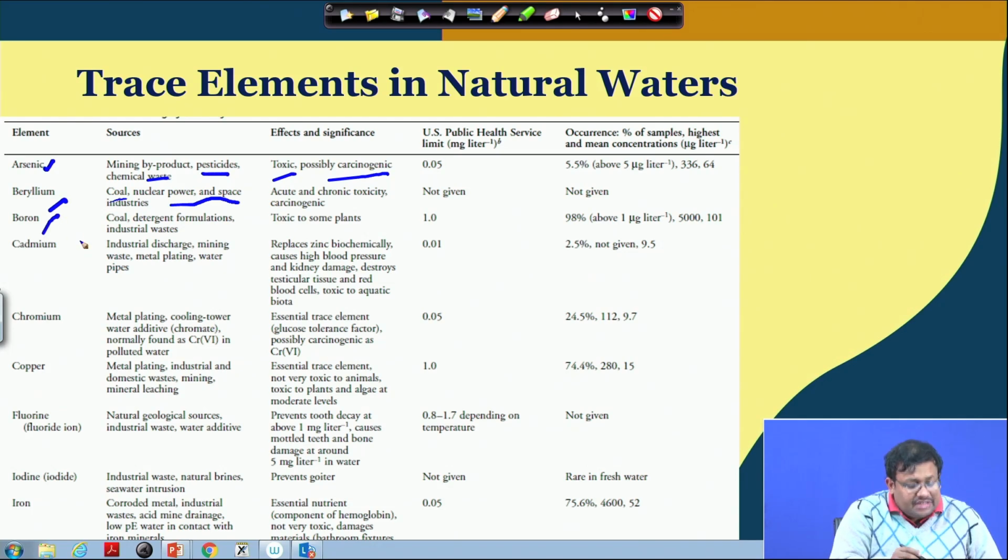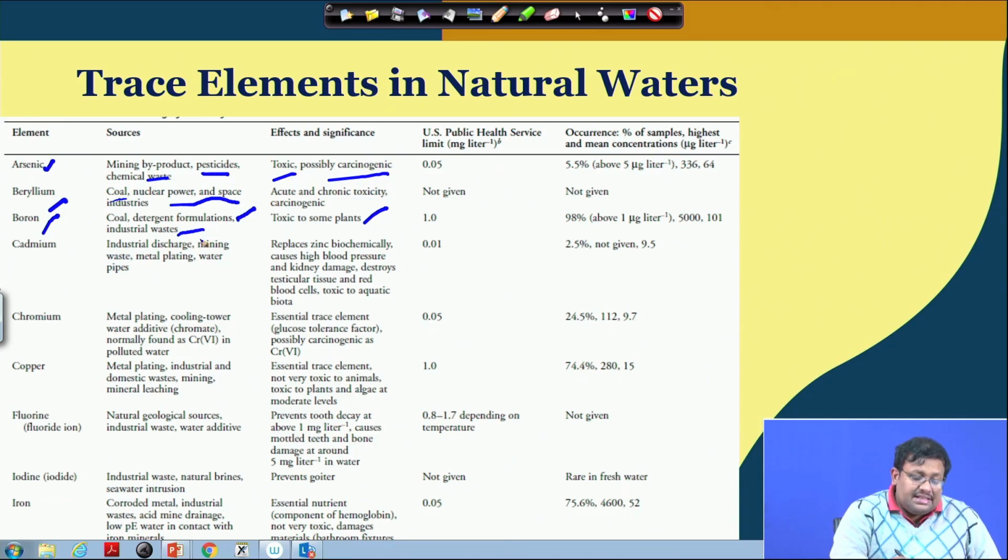Boron comes from coal, different types of detergent formulations and industrial wastes, and it is highly toxic to some plants. Although boron is an important micronutrient, it is still toxic to some plants.